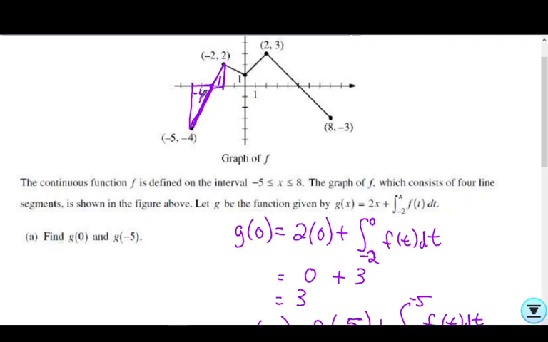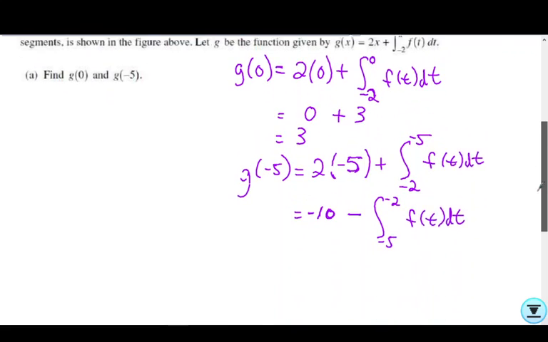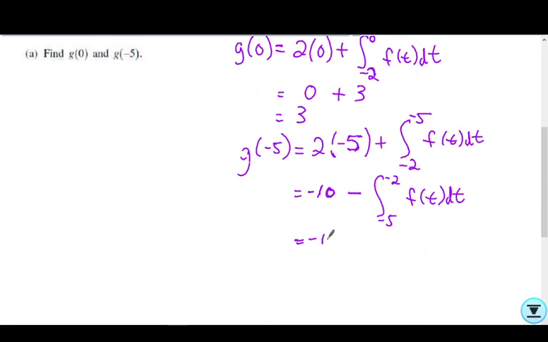Remember, since this area is underneath the x-axis, this is negative. So -4 plus 1 is -3. So this is equal to -10 minus -3, which is -10 plus 3, which is -7. And that's it. That's part A.